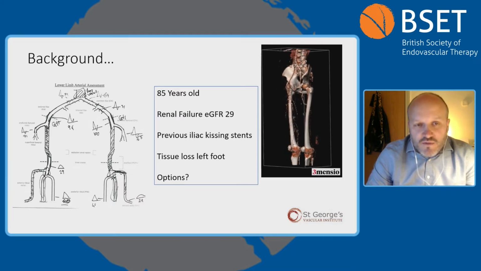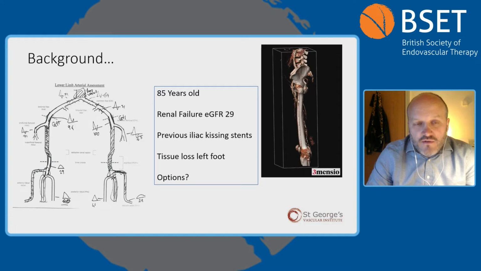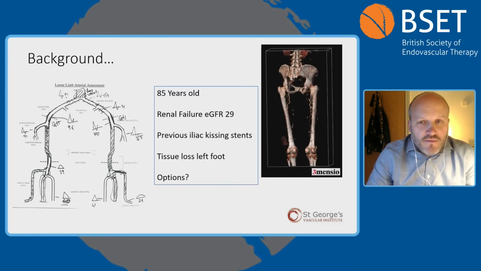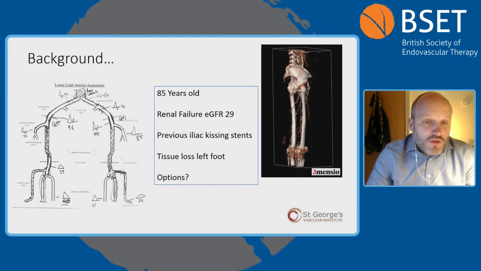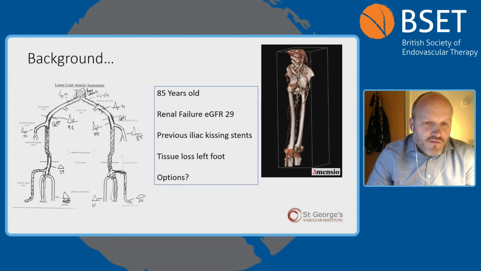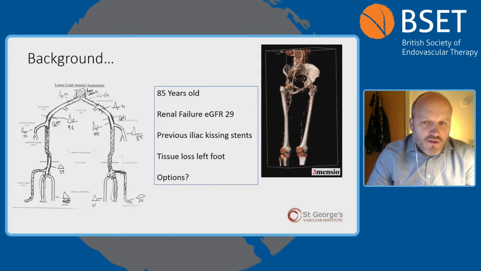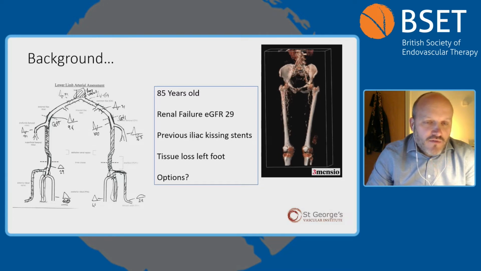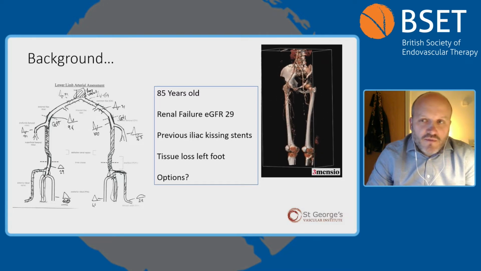So in terms of access options for endo, we could try coming up and over the top and be cautious of those iliac stents. We discussed coming retrograde from that posterior tibial and doing a SAFARI type technique. The concern with that is where are you going to snare if you are able to come retrograde and get through that left-sided occlusion from below.